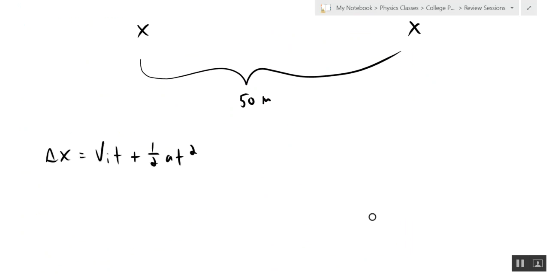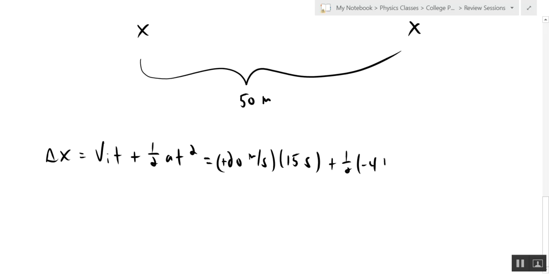So in other words, if you put in 20 meters per second plus 20, 15 seconds, plus 1/2, minus 4 from part A, and then 15 seconds here, this works out to be a delta x of minus, wait, is that right?